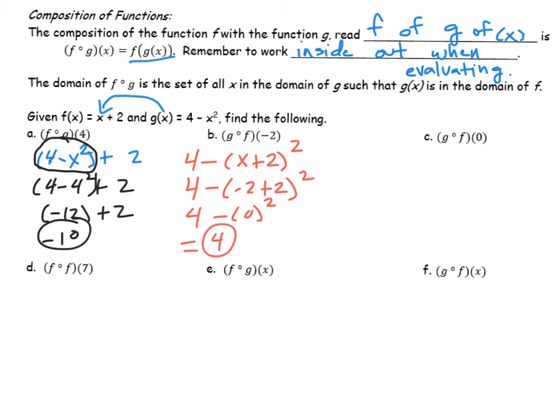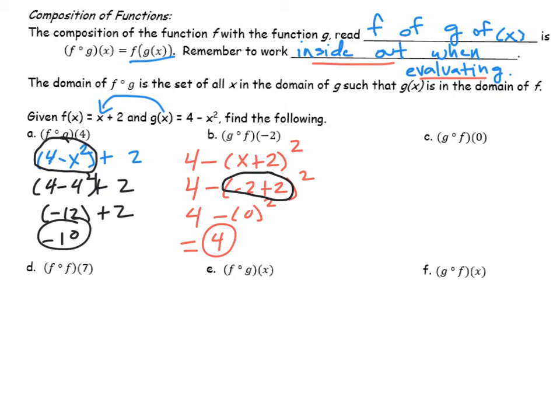Again, my primary concern when you're evaluating is this whole inside out, which means start the process. You're always going to have these parentheses when you compose. So once I put in -2, I needed to start here, get that taken care of, and then work my way to the outer function, okay?